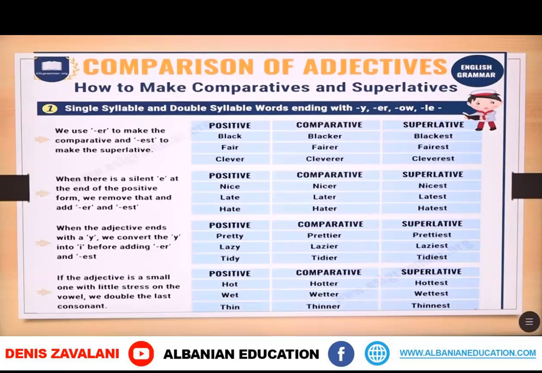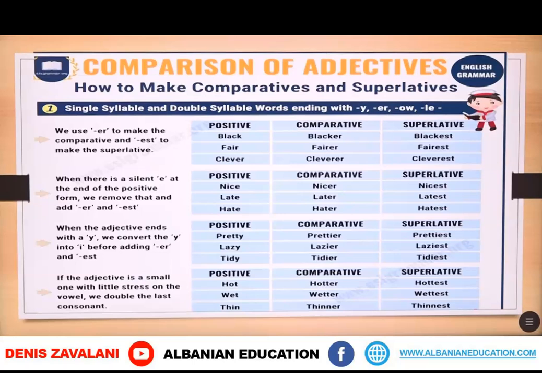Fair, fairer, the fairest. Clever, cleverer, the cleverest. When there is a silent E at the end of the positive form, we usually remove that and add ER and EST in comparative and superlative. Like nice, nicer, the nicest. Late, later, the latest.